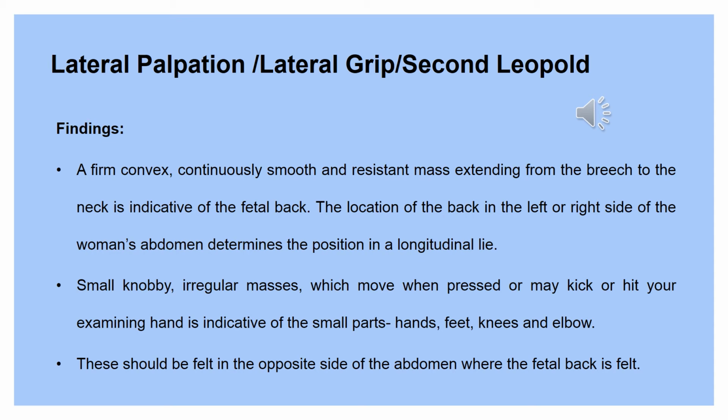A small, knobby, irregular mass which moves when pressed or may kick or hit your examining hand is indicative of the small fetal parts like hands, feet, knees and elbows. These should be felt on the opposite side of the abdomen from where the fetal back is felt.